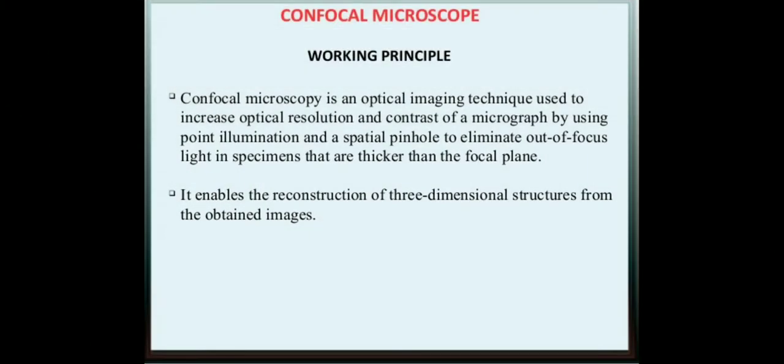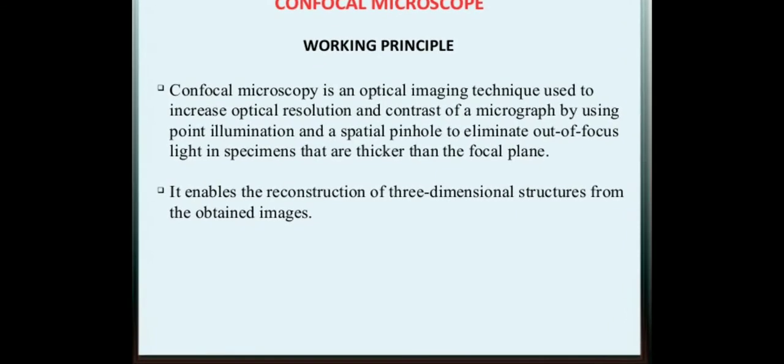Now, the confocal microscope. Students, before this, all the microscopes we have seen are classical types of microscope. This one is the most advanced microscope, and it has brought a revolutionary step in microscopy.